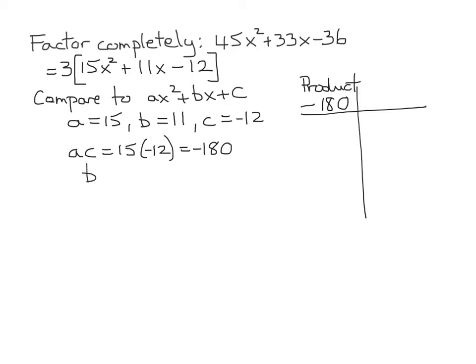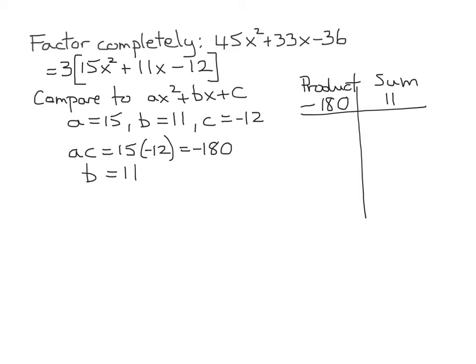And then b is going to equal the sum, and so they're going to add up to 11. So looking at the signs, my numbers multiply to a negative. That means I have to have one positive and one negative, and they're going to add up to a positive number. So out of the two numbers I have here, the one with the bigger absolute value has to be the positive.